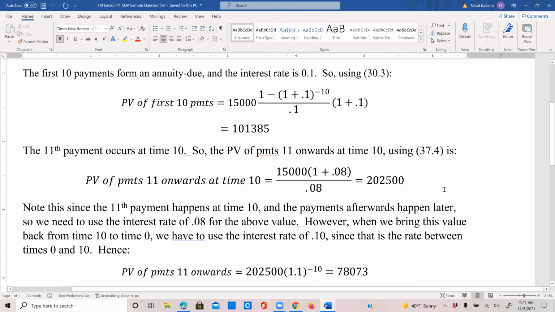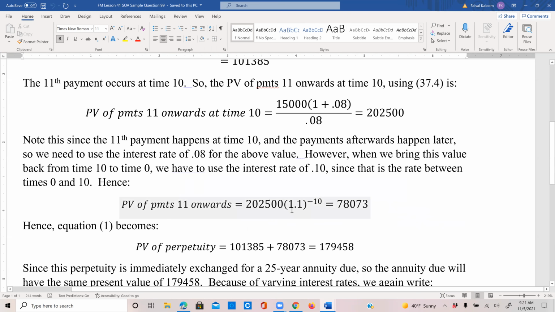The thing to note is that this 202,500 is sitting at time 10. When you bring it from time 10 to time 0, you are again going through the interest rate of the first 10 years, so it will be pushed back through the interest rate of 10%.